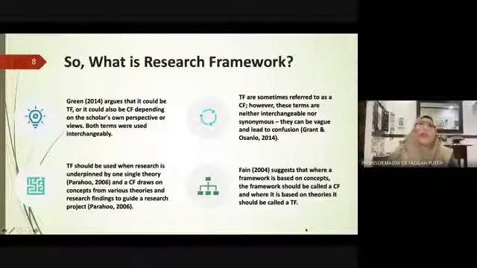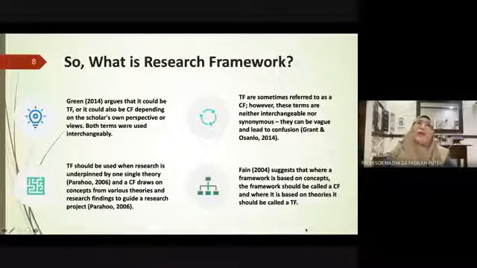Okay. So the next one, according to Parahu in 2006, theoretical framework should be used when research is underpinned by one single theory. And conceptual framework, on the other hand, draws on concepts from various theories, not only one theory, and research findings to guide a research project.